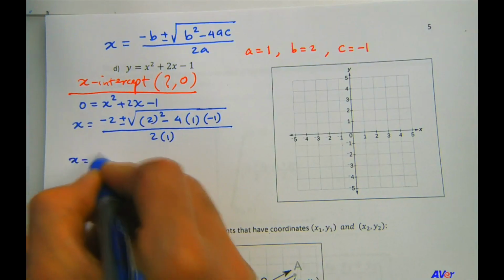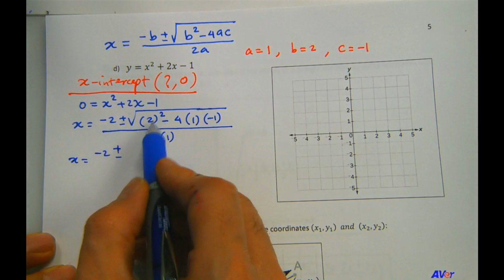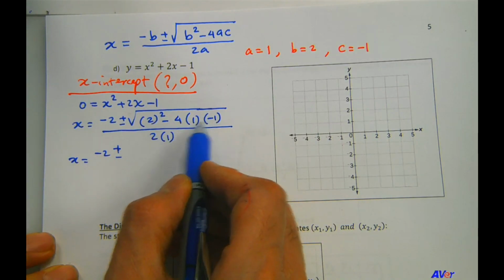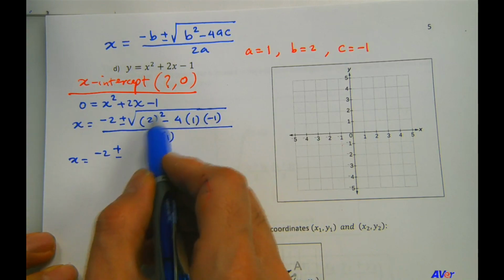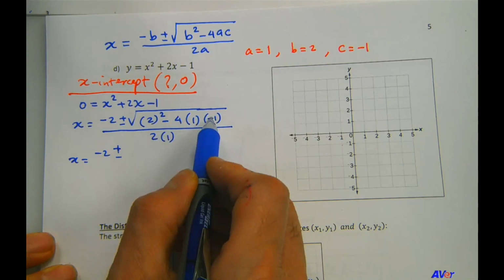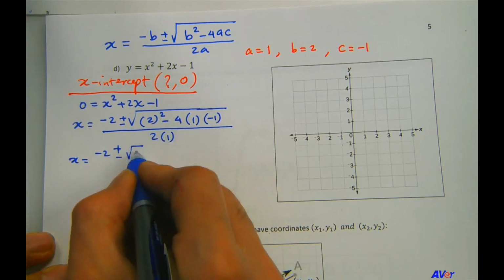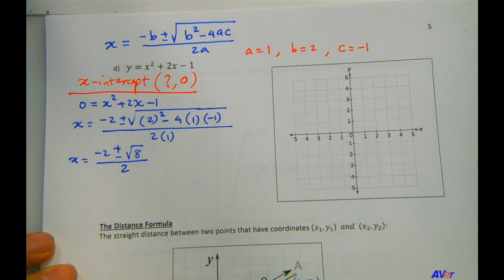So we have x equals minus 2 plus or minus the square root of 2 squared, which is 4, minus 4 times 1 times -1, that's positive 4. So 4 plus 4, not minus 4, because this minus will make this positive. So 4 plus 4 is the square root of 8, over 2 in the denominator.